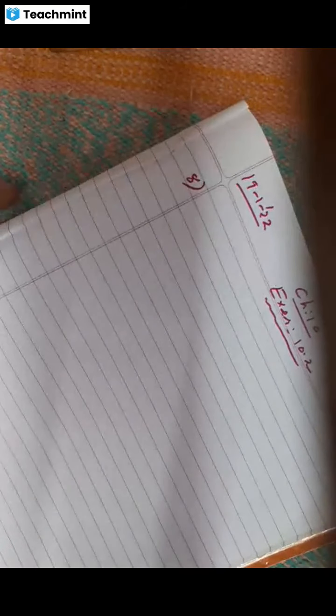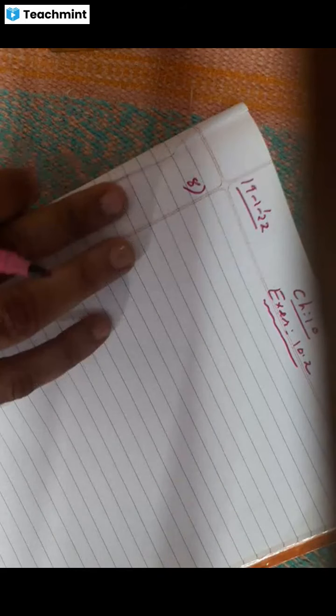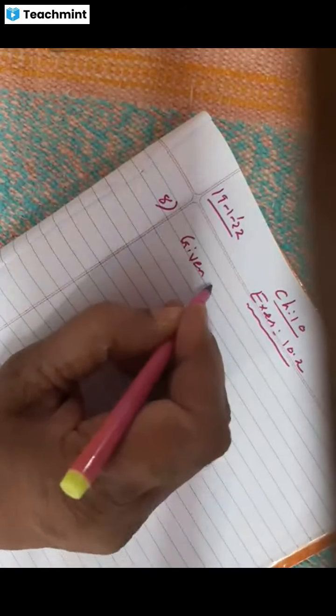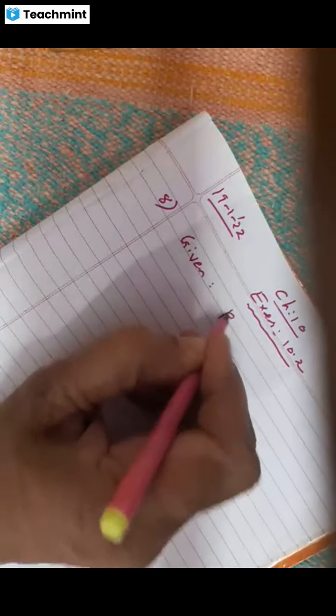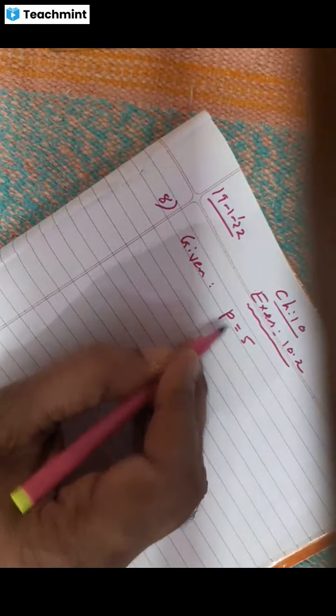Now sum number 8, read the sum there properly. What is given? Perpendicular distance from the origin is 5 units. आप पढ़ते जाओ और नोटेशन में लिखते जाओ. So given that perpendicular distance, denoted by small p, p is equal to 5.